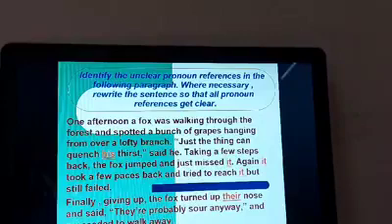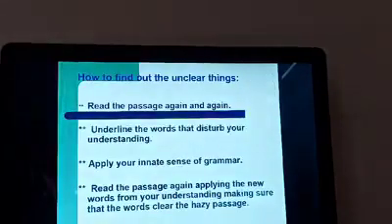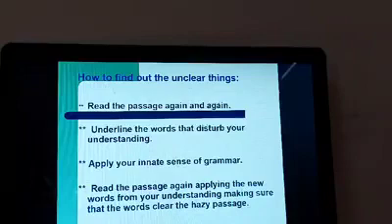I have discussed these things, how wrong use of pronoun muddles our expression, how wrong use of pronoun misguides us from knowing. And now I am going to discuss how to find out the unclear things. We have to read the passage again and again.